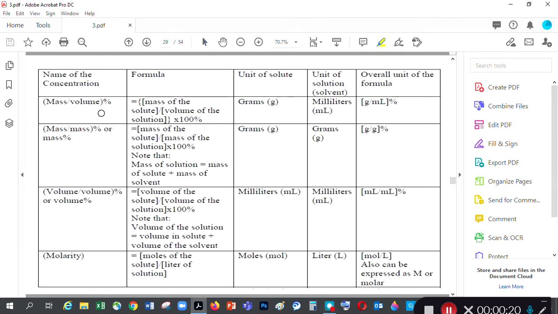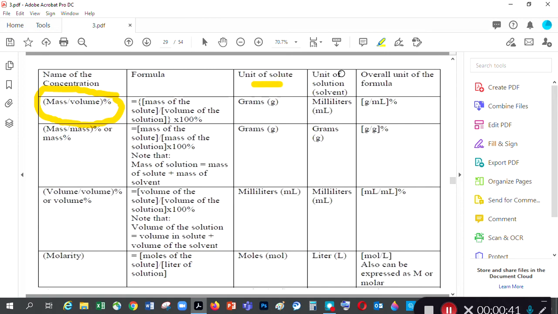Another way to express the molarity is the mass percentage, mass over volume percentage. So mass over the volume percentage, which is this one here, is defined as, that's the formula, and those are the units.